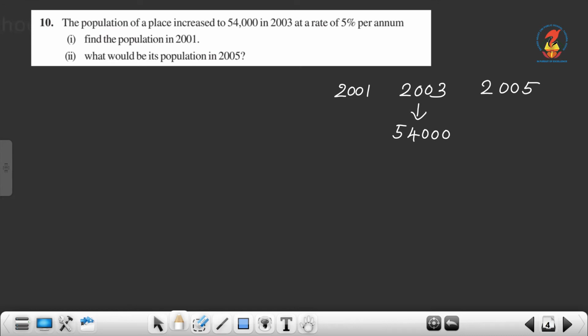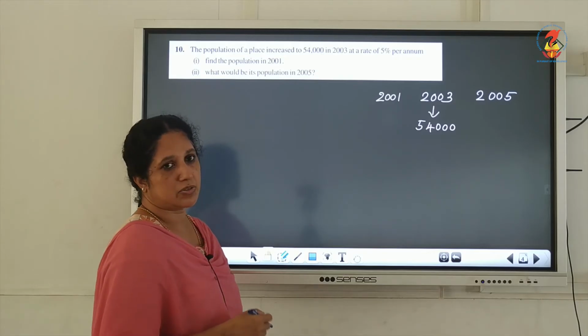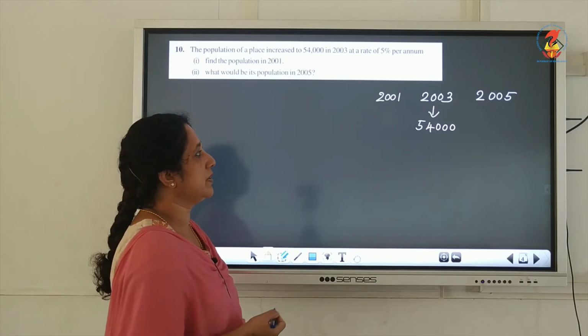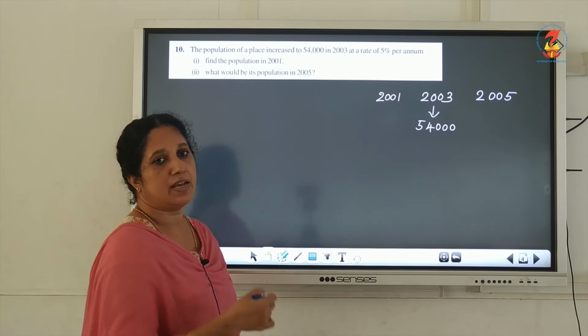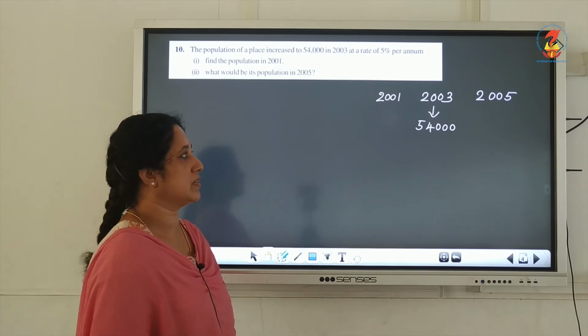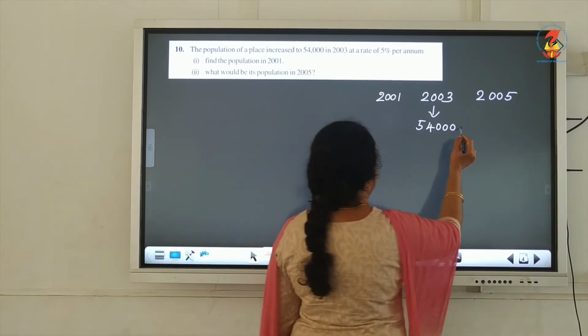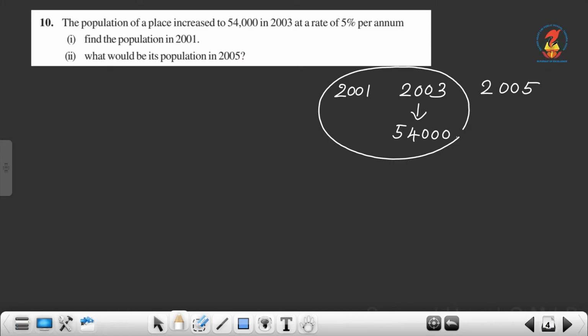So we can apply the compound interest formula. So the amount in compound interest, we can apply that formula and we have to find out the population in 2001 as well as the population in 2005. Now first of all, we will consider these two. Now we can take, let the population in 2001 be P. Let P be the population in 2001.